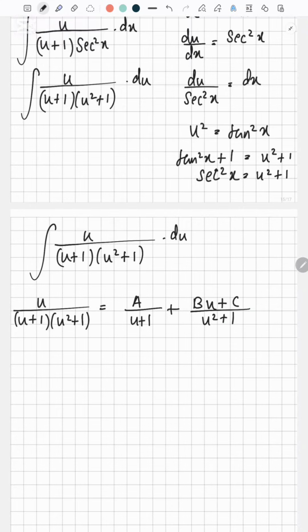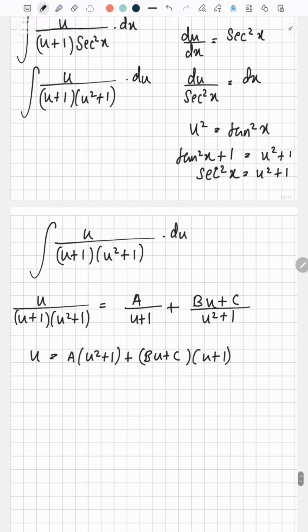If you need help finding the exact partial fraction format for every given fraction, please drop a comment. I can show you every format that you need to know to do partial fractions. It depends on every type of partial fraction. So okay, now let's multiply everything with our numerator. So you have u equals a times u squared plus 1 plus bu plus c times u plus 1.